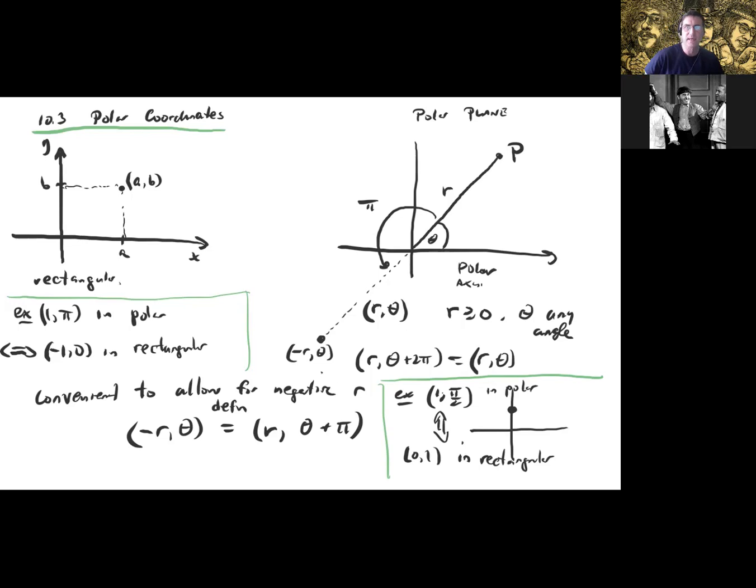Okay, so what I'd like to do is talk about how to convert in general between polar and rectangular. That's fairly simple. Let me, though, clear the screen. So first of all, this will be conversion formulas.